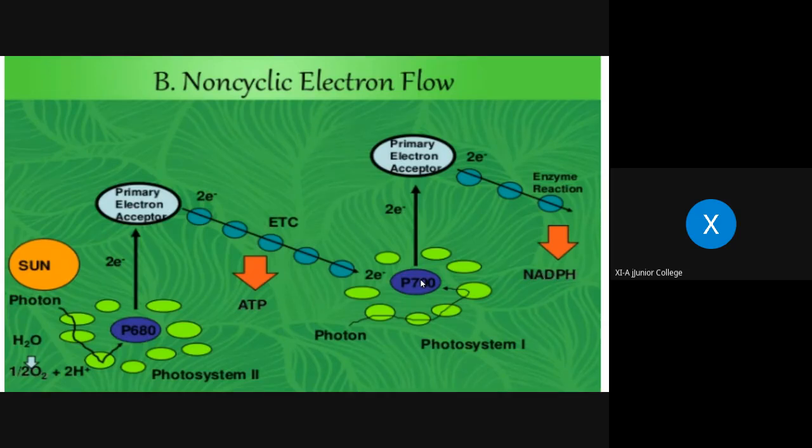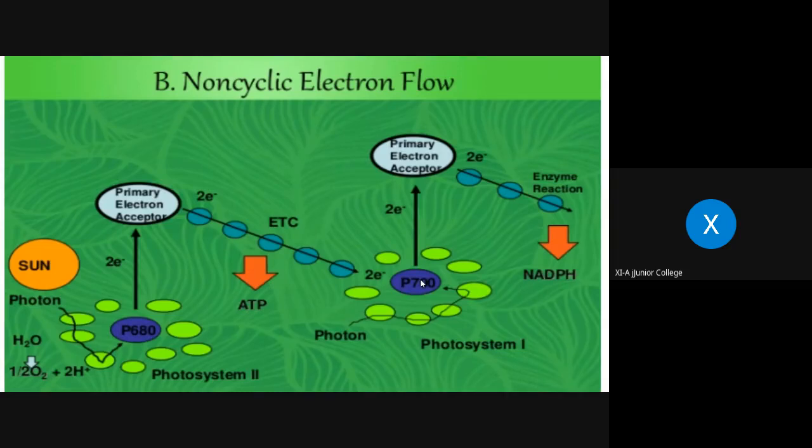From there it is accepted by the primary electron acceptor, and then through electron carriers, which is called the electron transport chain, because electrons are transported in a sequential manner from a higher energy level to a lower energy level.